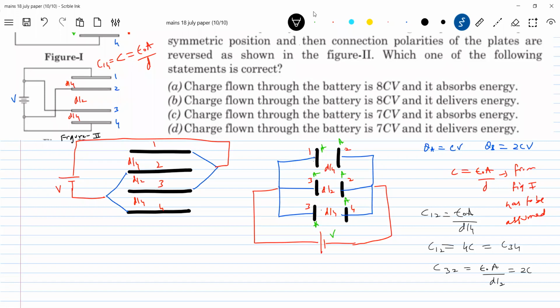So let's calculate the charge now. So Q12 is equal to, so this should be equal to 4 CV.